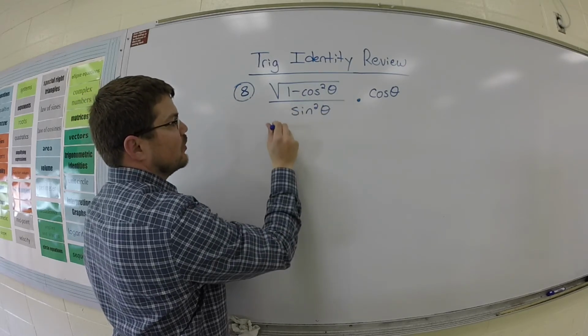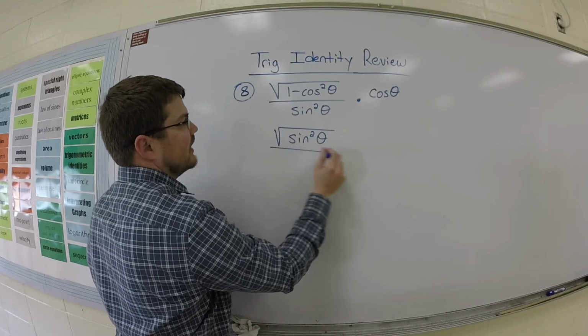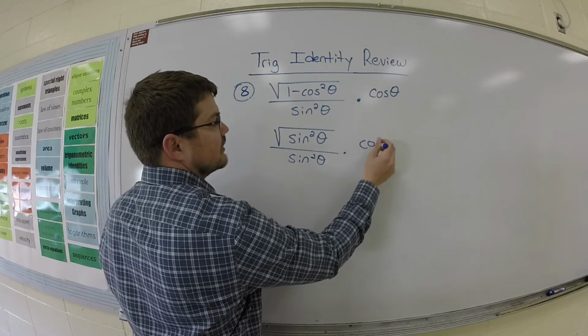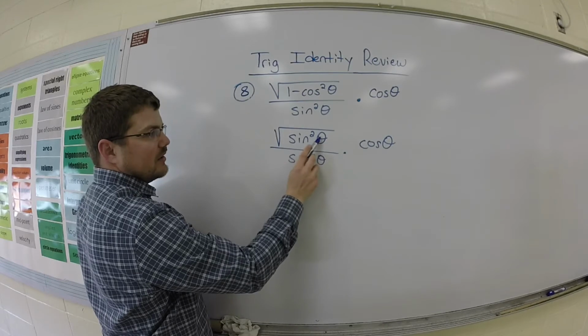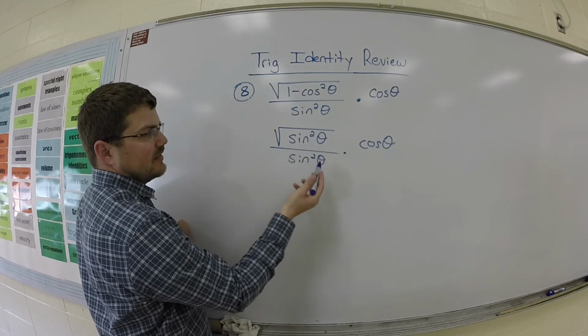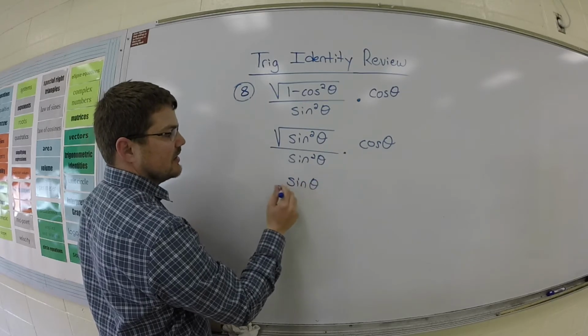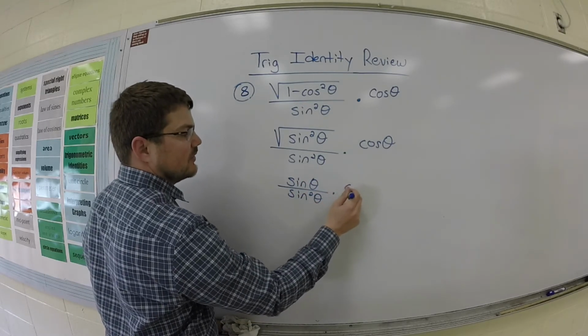So this will be the square root of sine squared divided by sine squared times cosine. The square root of sine squared is just sine, because sine times sine gives you sine squared.